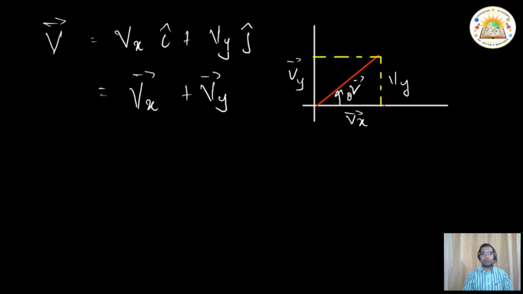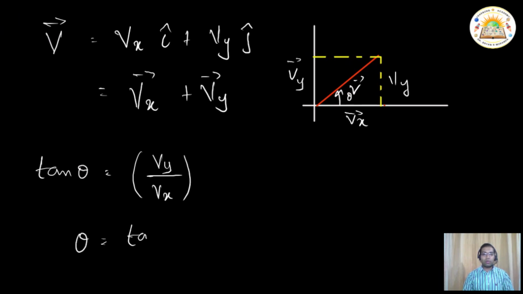In terms of magnitudes, tan theta is nothing but the opposite by the base, that is Vy by Vx, or theta is equal to tan inverse of Vy by Vx.